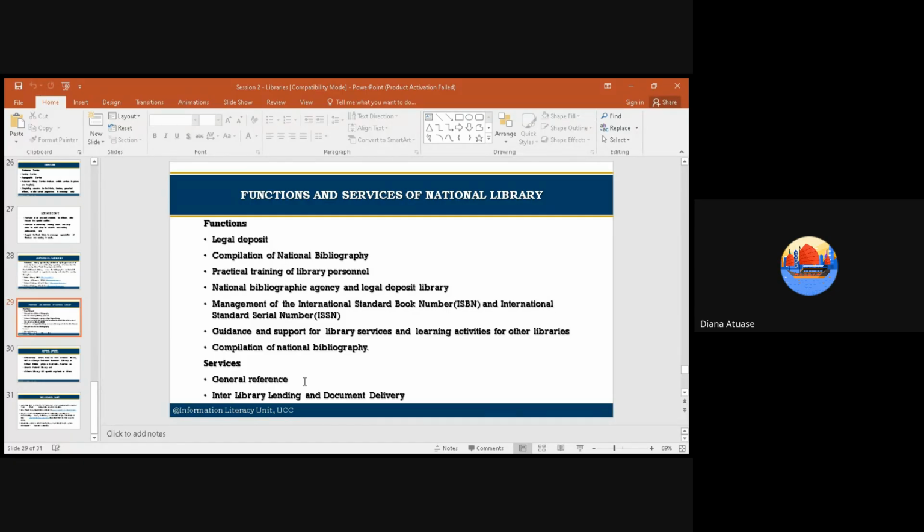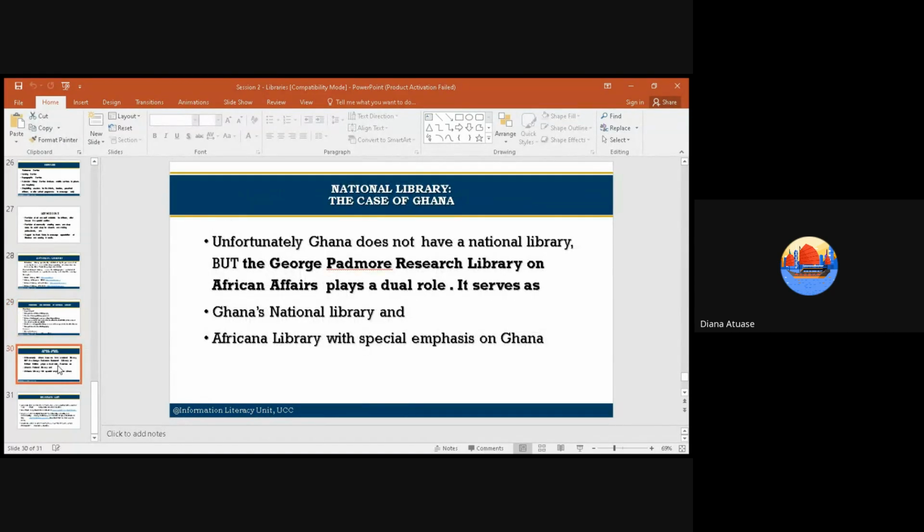You also have materials like encyclopedias, dictionaries, textbooks, and a lot more. So that's the National Library. As I mentioned, Ghana is not having a national library, and there's a library that is acting as the National Library of Ghana, and the library is called George Padmore Memorial Library.